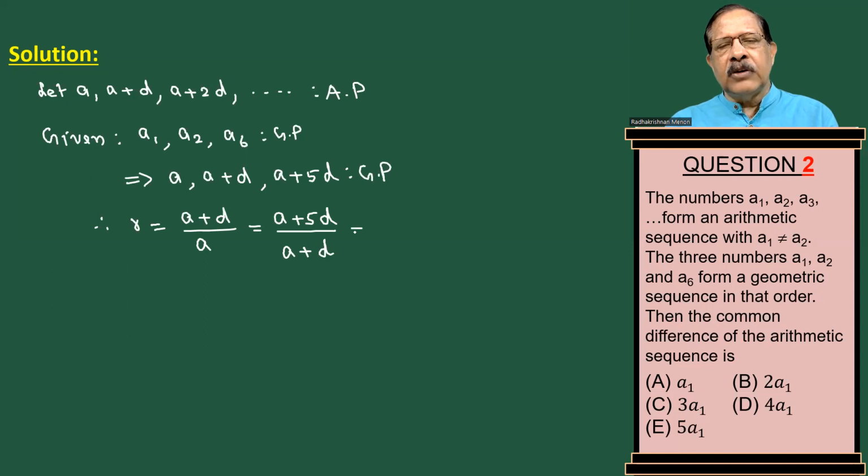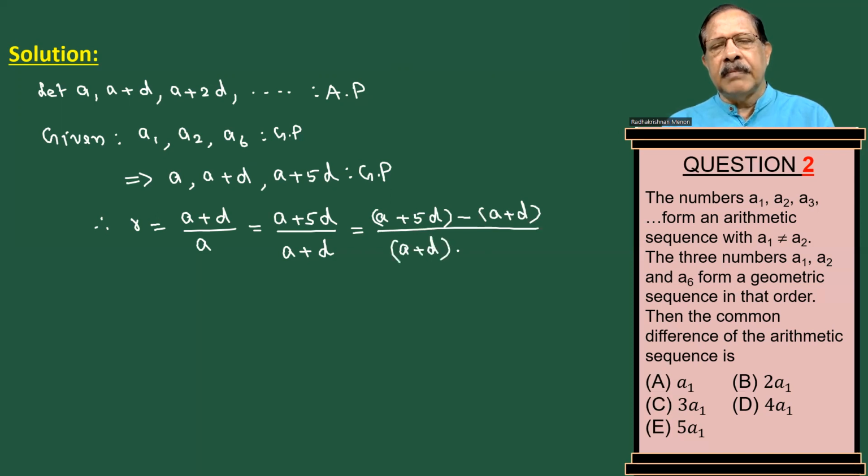Now, we are using a property which we have learned in our school days, in ratio and proportion. This is the same as the difference of the numerators over the difference of the denominators. That means I am subtracting a plus d from a plus 5d, so this will be equal to a plus 5d minus a plus d, and the denominator also the same, a plus d minus a.